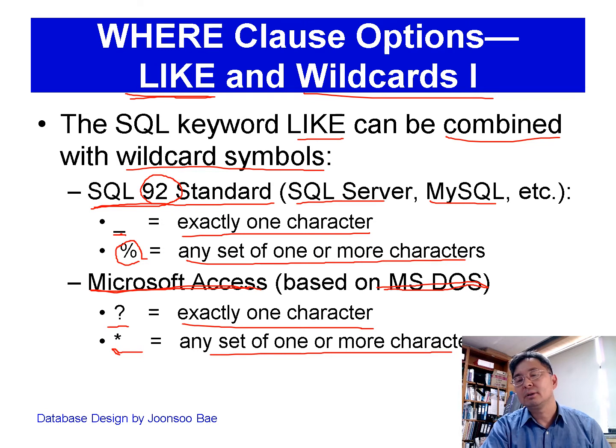We are going to use Microsoft Access as the first DBMS, so we will use question mark and asterisk for the wildcard characters. But after that we will adopt SQL Server, then we must use underbar and percent symbols to represent wildcard characters.